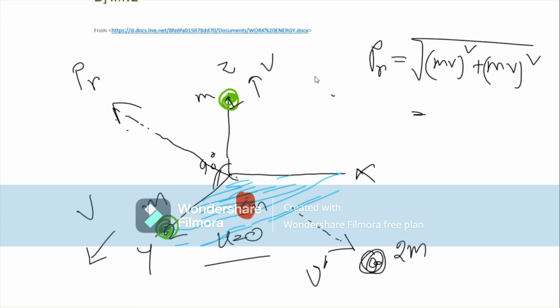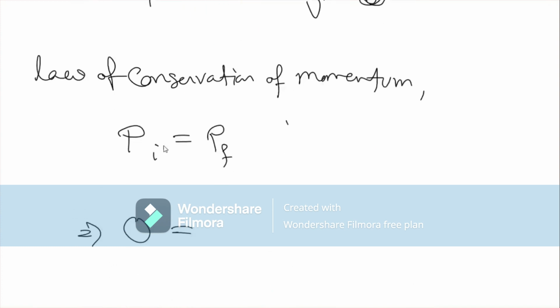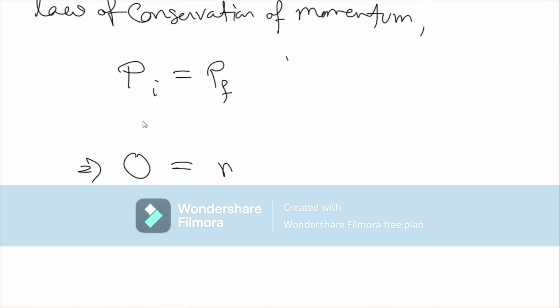Okay, so that will be mv root 2. So this will be the resultant momentum of these two masses.